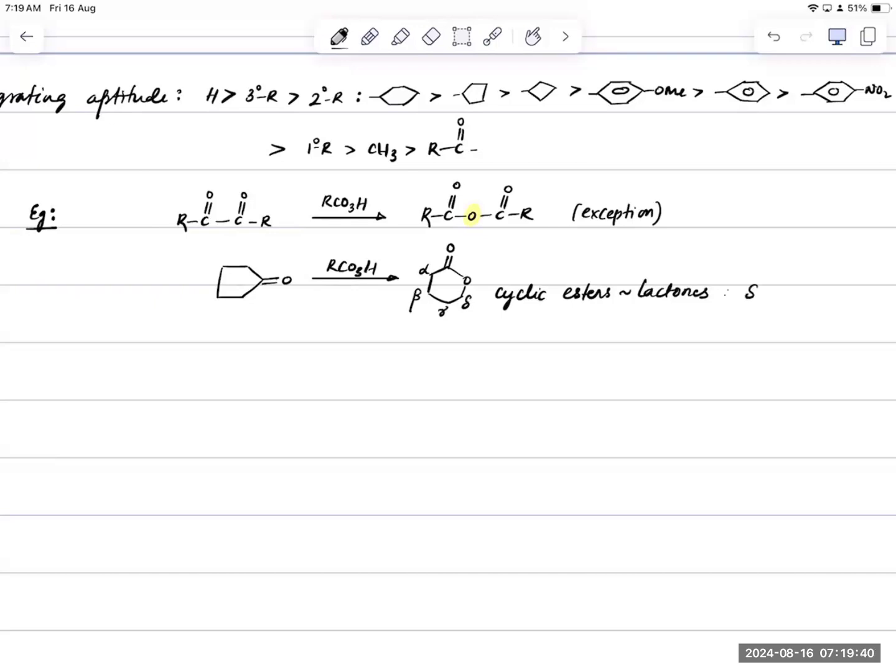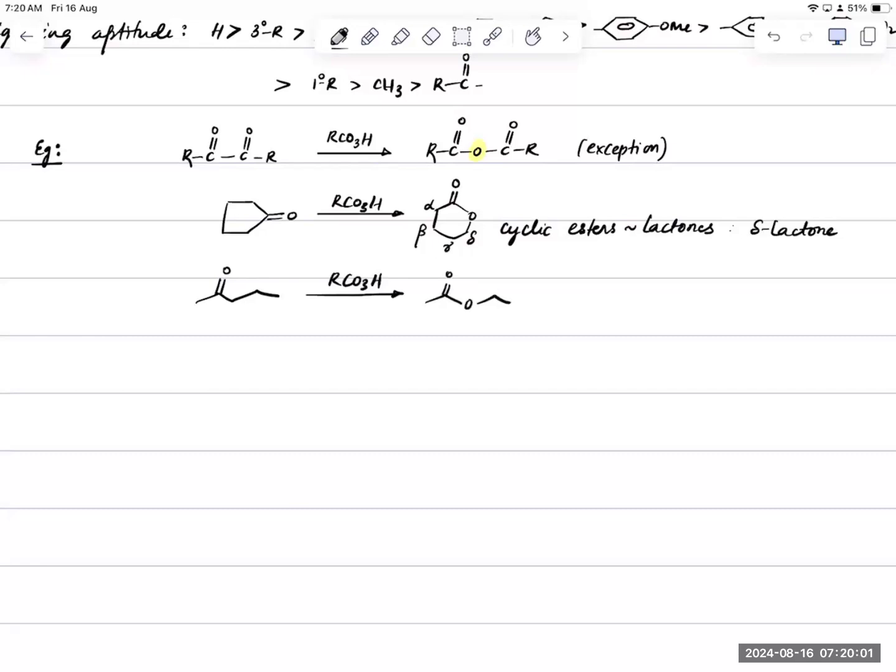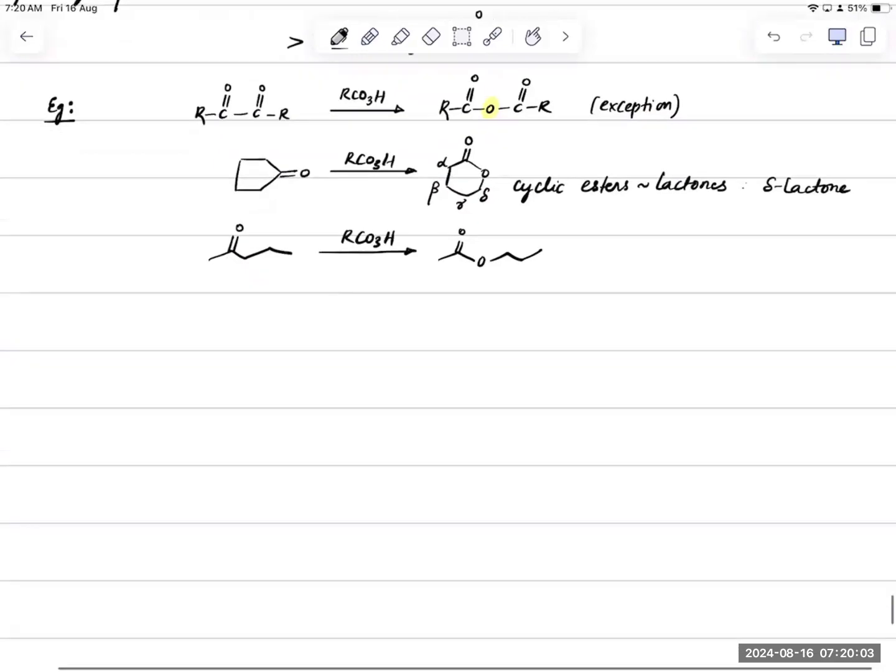So it is also called delta lactone. Okay. Same way, if you have any group like this here in the presence of peroxy acid RCO3H, we'll get double bond O, and this side we will get connected and ester is formed. So in all of these cases, I'm sure you will understand how the scenario works.